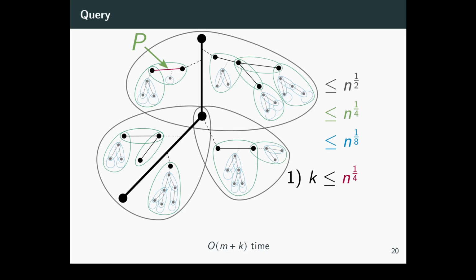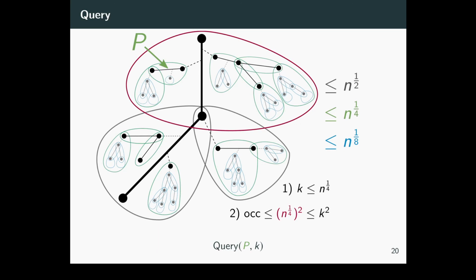The other case is that there is not enough answers stored. Now notice that we're actually hanging off a subtree in a cluster of size at most the fourth root of n, squared. So there's not going to be any more than square root n occurrences of P, and this is going to be less than K squared.